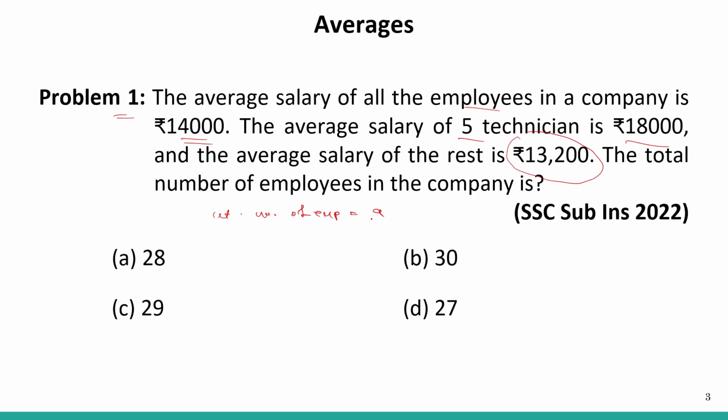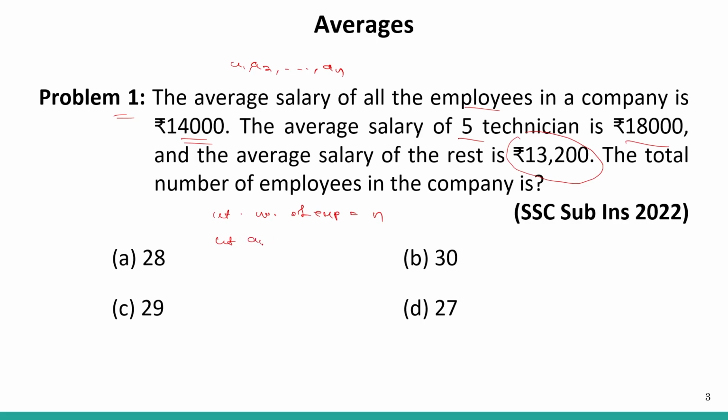Let the number of employees be n, where n is an integer. Let the employees' salaries be A1, A2, and so on up to An. It is given that the average salary of 5 technicians is 18,000.